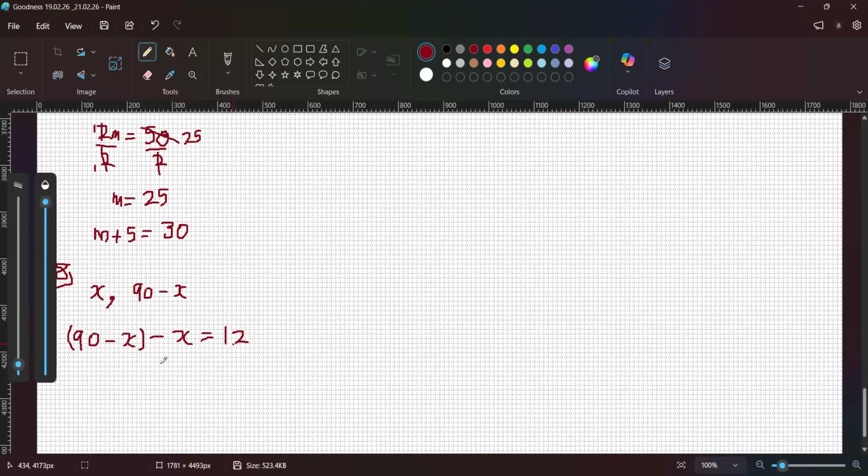Are you good with this up to this point? Yes, sir. If you remove the bracket, what is 90 minus x minus x? And minus x will give you what? That would be 0.